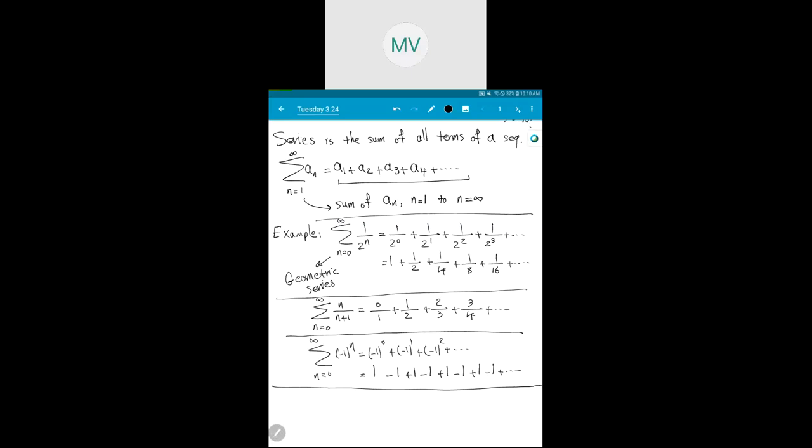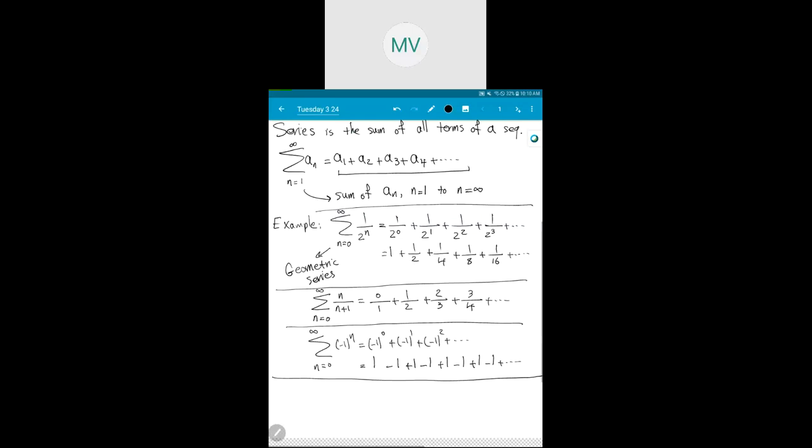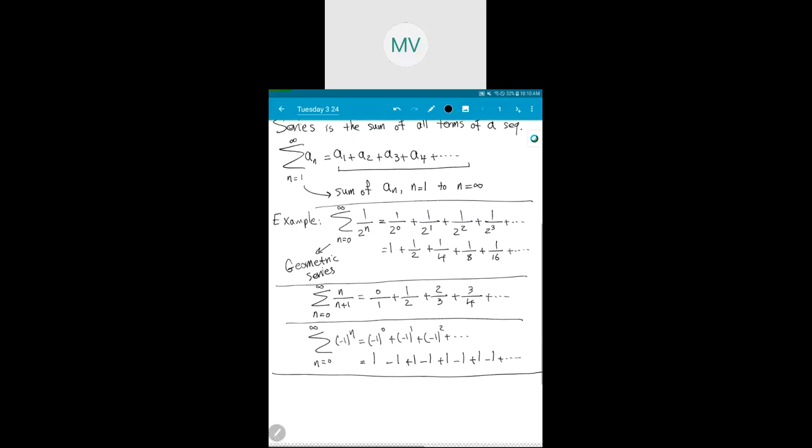Now, what's the big question asked about series? Same thing as with sequences. Do they converge or diverge? Like, does this sum converge or diverge? Let me emphasize the difference between sequence convergence and divergence.